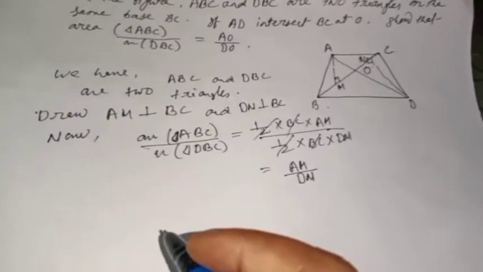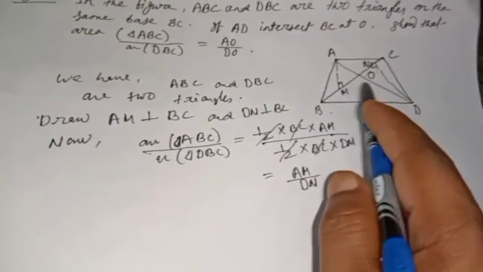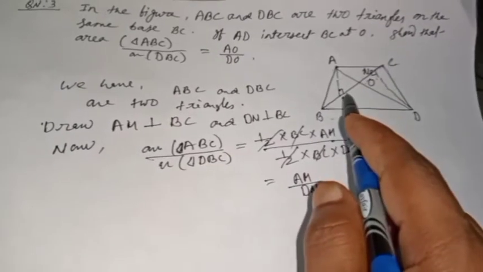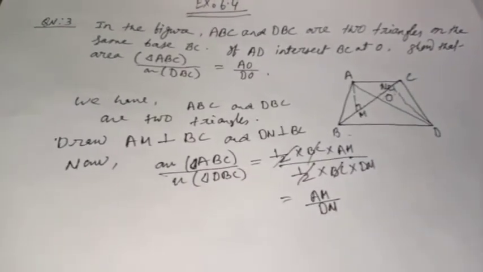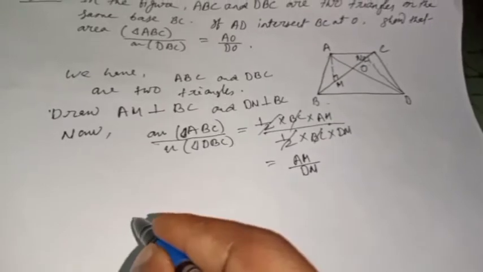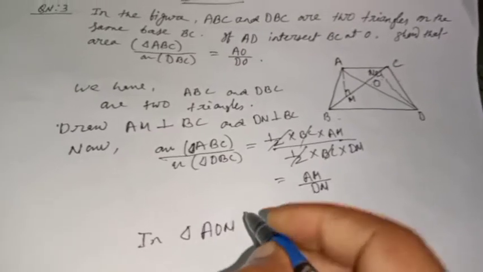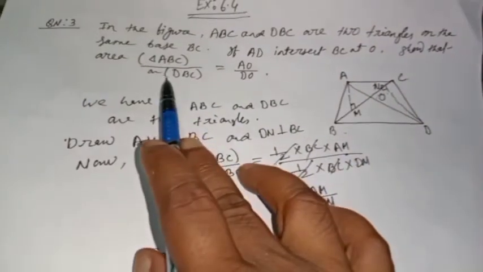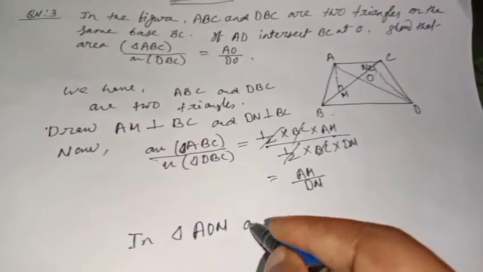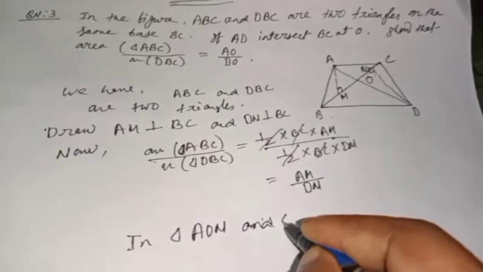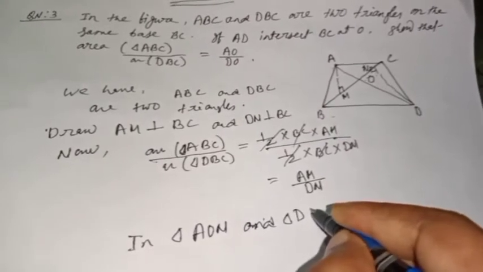See, these two triangles, triangle AOM and triangle DON. That is why I am writing AOM and DON.